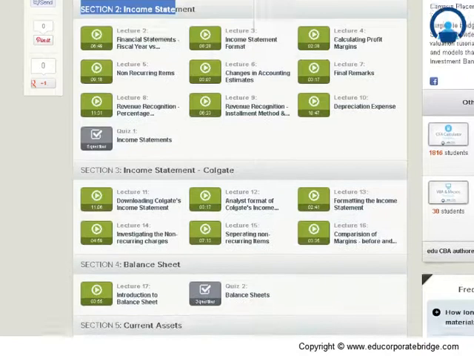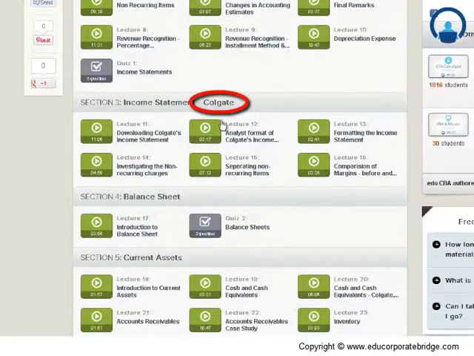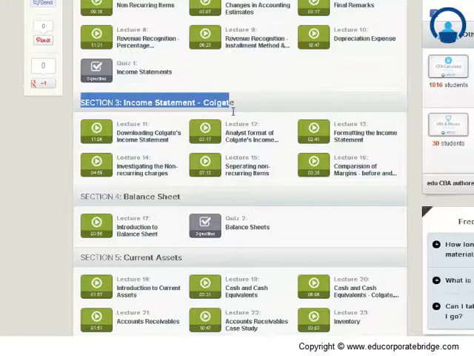And one more peculiar thing about this whole course is that we have taken Colgate as a common case study. So we download Colgate's financial statements from the SEC filings, and we try to analyze that like a professional.